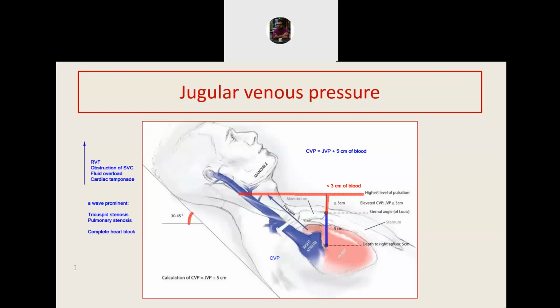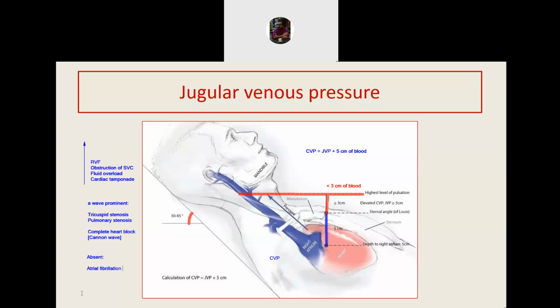And such a very prominent A wave is also called cannon wave. You know, atrial contraction will be absent in atrial fibrillation. So A wave will be absent in atrial fibrillation.